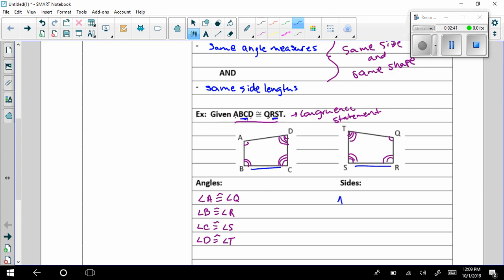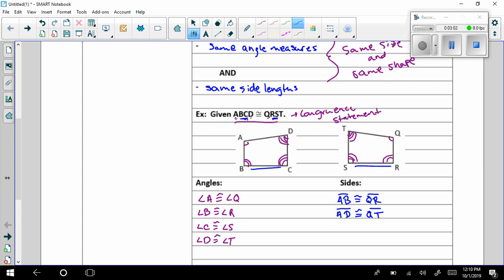AB is congruent to QR. AD is congruent to QT. Right, remember, order of these doesn't really matter.